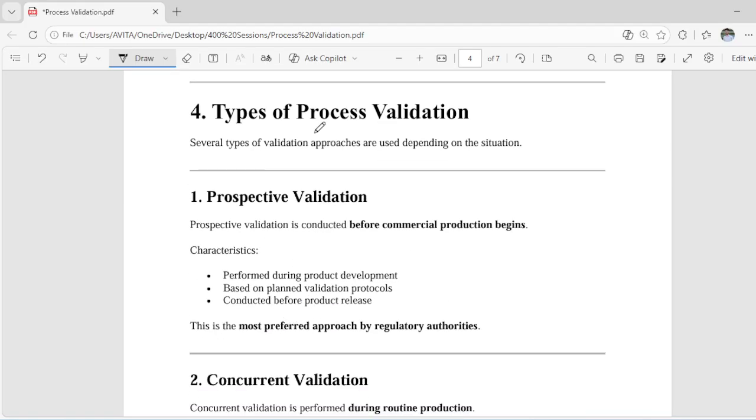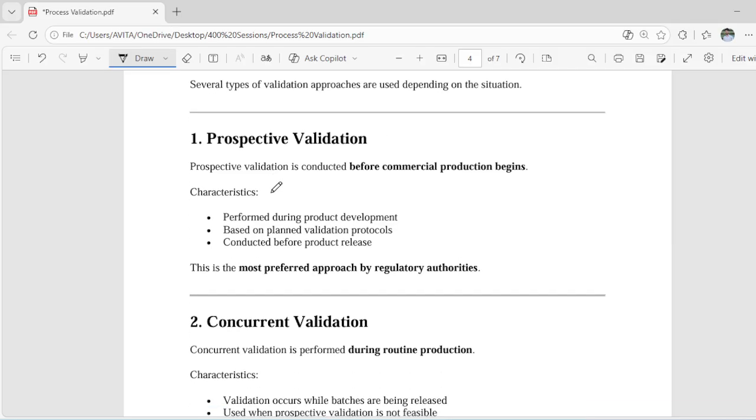Then we'll discuss the types of process validation. There are several types of validation approaches that are used depending on the situation. First, we have prospective validation. Prospective validation is conducted before commercial production begins. Its characteristics: it is performed during the product development stage, based on the planned validation protocol, and conducted before the product release.